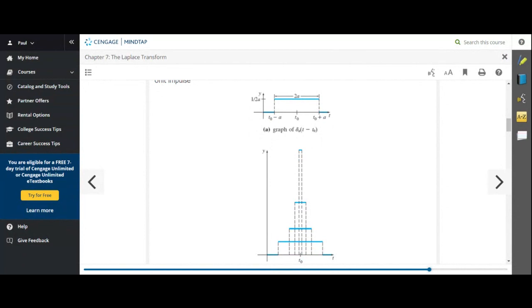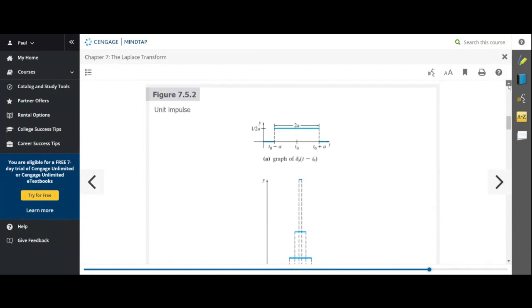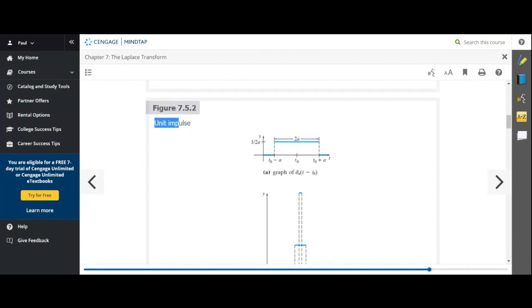This is a unit impulse function, a piecewise function, as you can see.